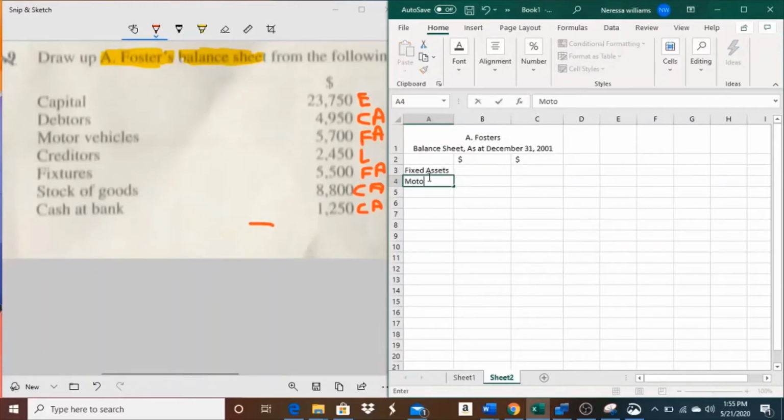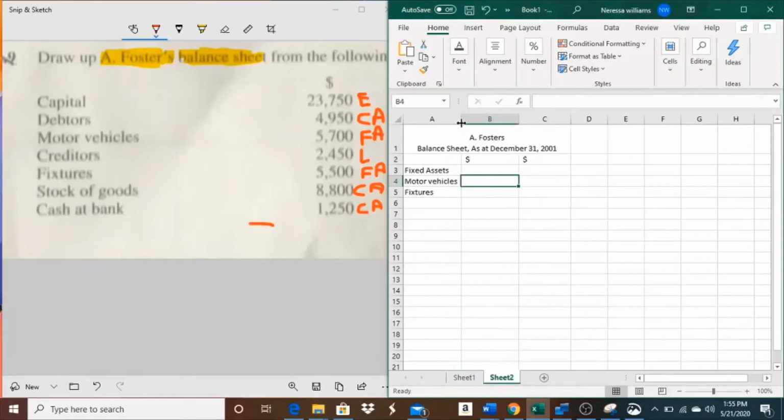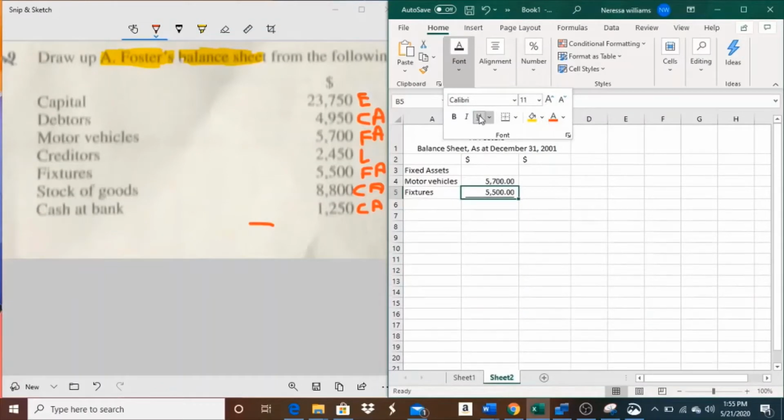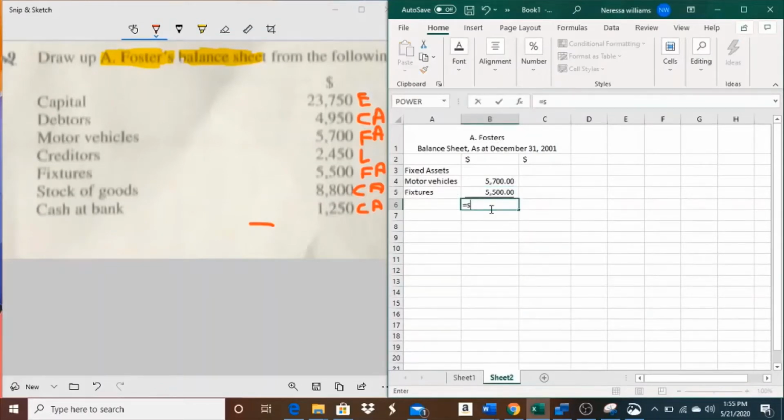So let's put them in, and we're putting in the amounts at the same time. And we know that if our balance sheet is not balanced, if our assets are not equal to our equity and liabilities, something is wrong. So let's do this in the first go and see how accurate we are.